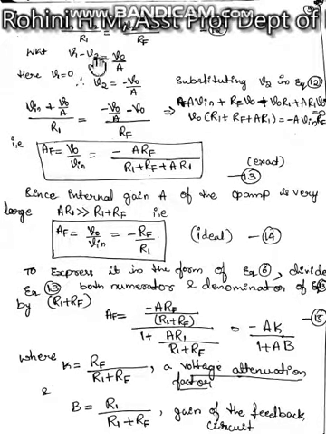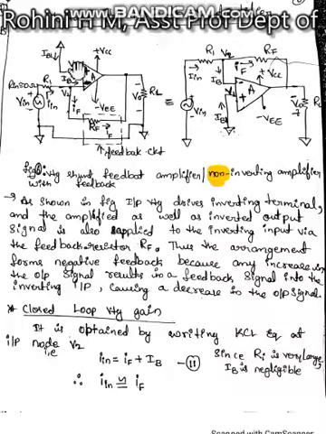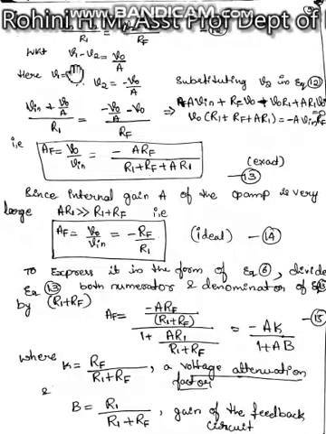We also know that the output voltage V out is equal to gain times the difference voltage. Using the same expression, we apply V1 as 0 and V2 as minus V out by A. As you can see in the circuit, V1 is not connected to any input voltage, so V1 is considered 0, whereas V2 is considered minus V out by A.